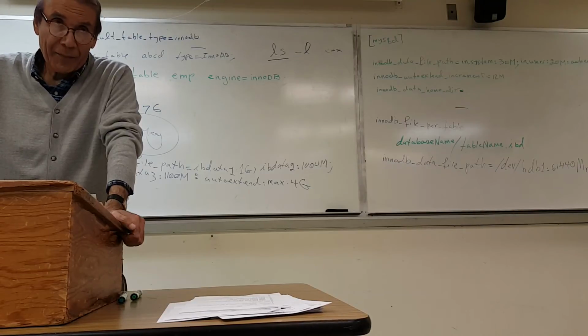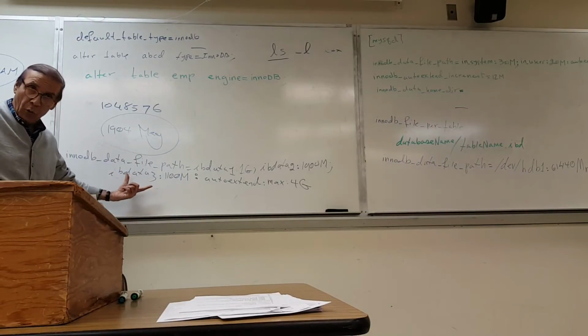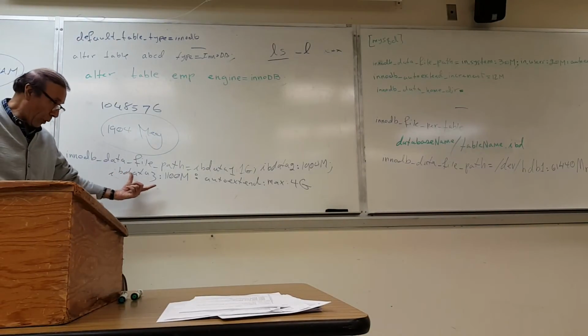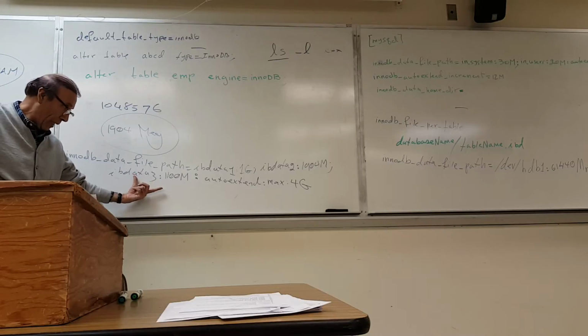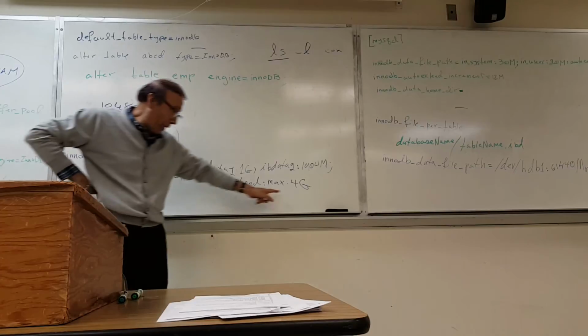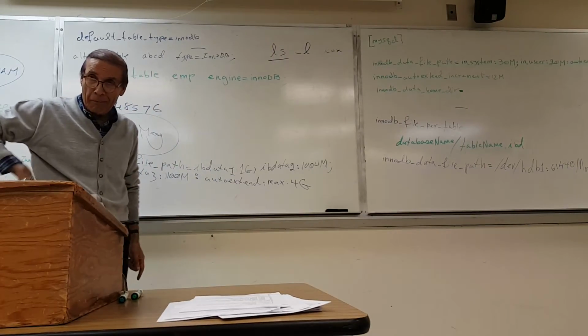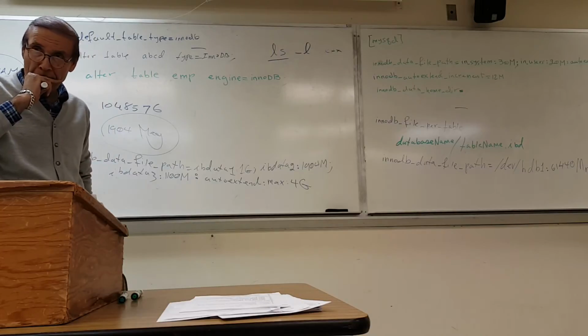And IB data 3 is the new one that we added, we created, okay? And since this is the last item, we could expand it to what? 4 gig.